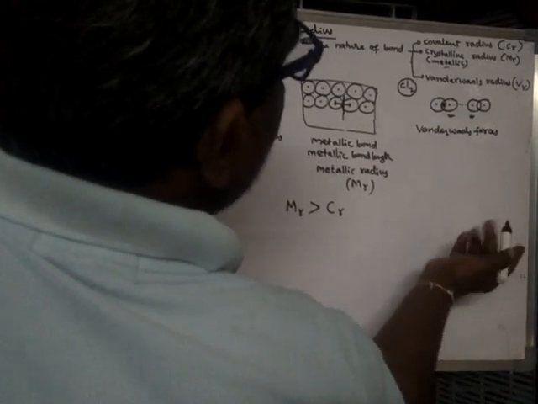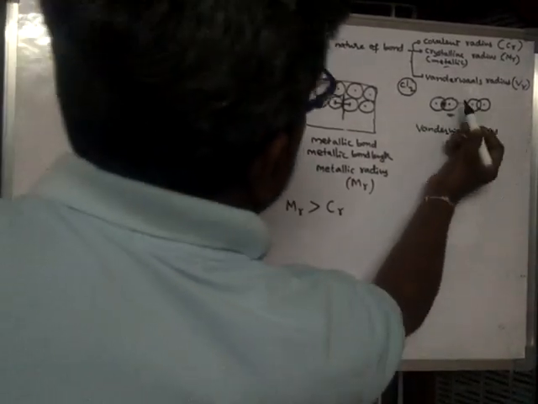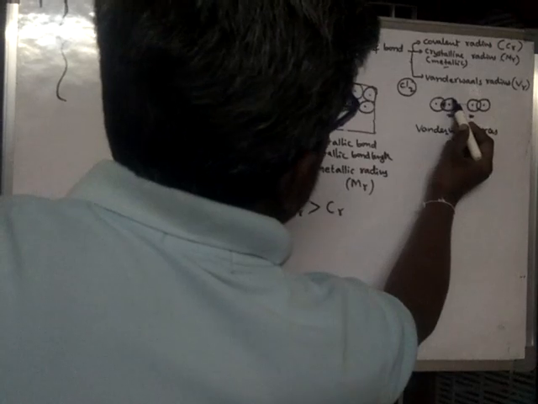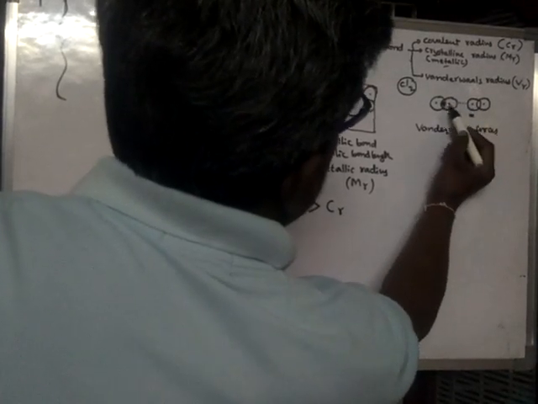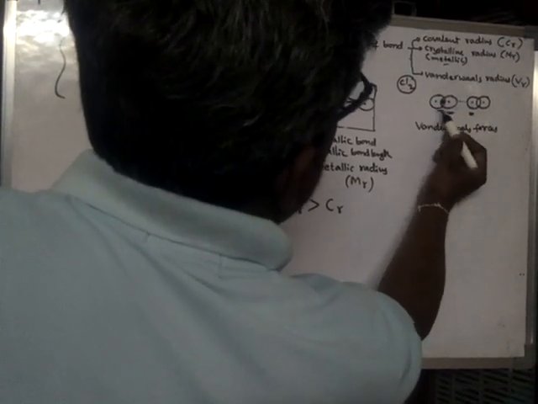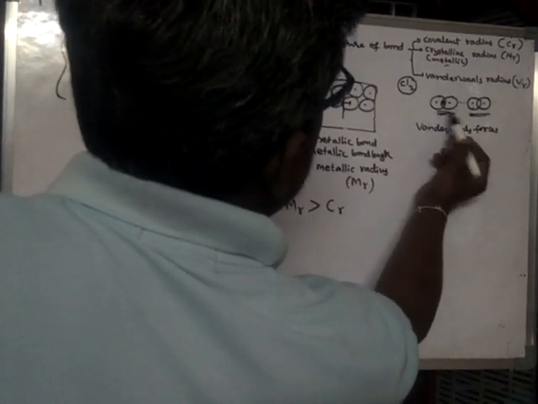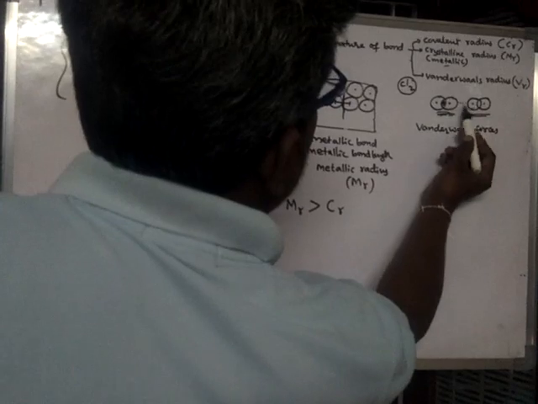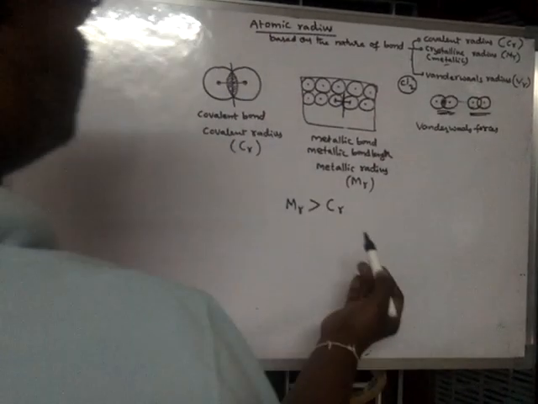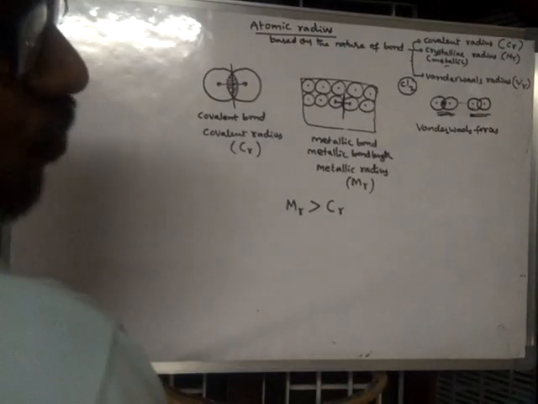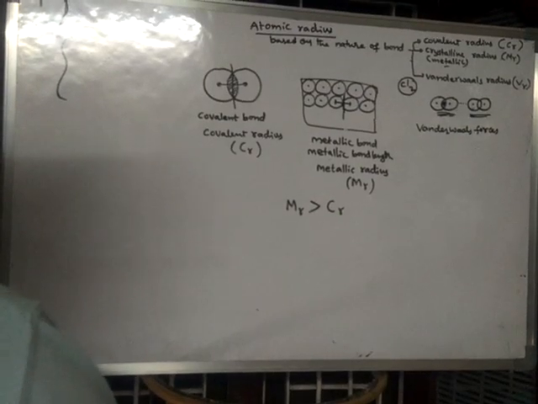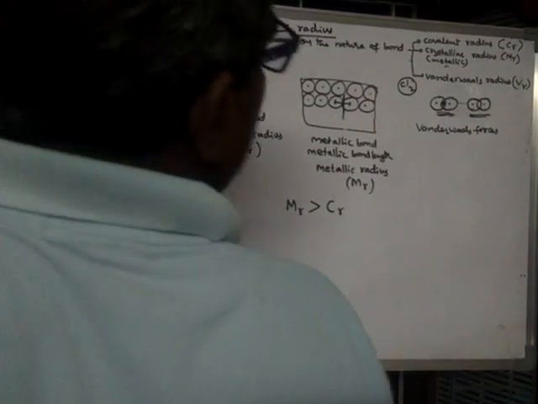So force of attraction is nothing but a bond. So there is a bond between this atom and this atom, but these two atoms belong to different molecules. So between two atoms which belong to different molecules, a bond is formed, and that bond is said to be Van der Waals force of attraction.